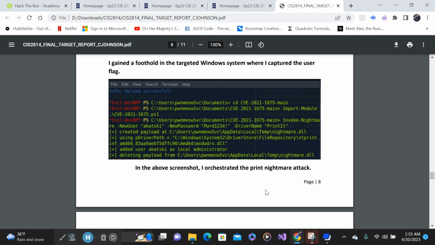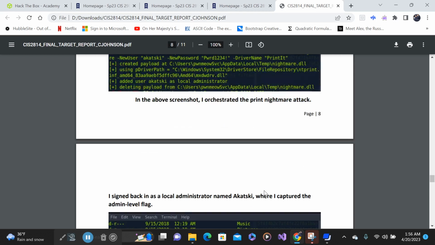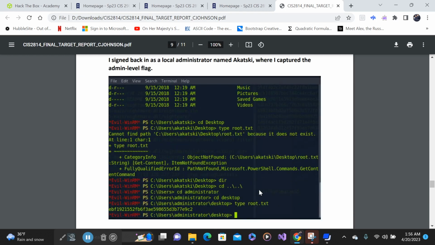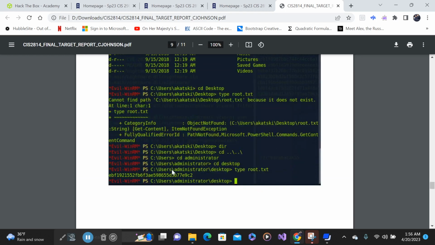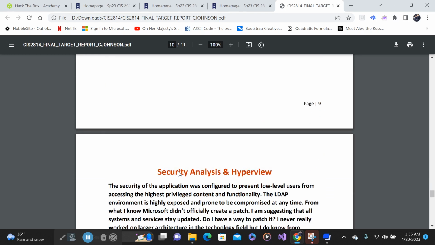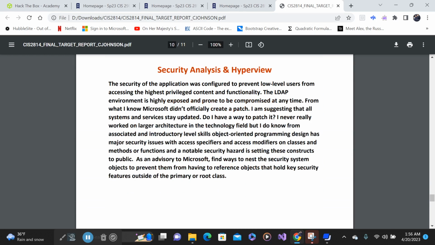So when I used the nightmare exploit, I got administrative access, where I captured the administrative hash. And then the security analysis and hyperview of this entire process that I went through.